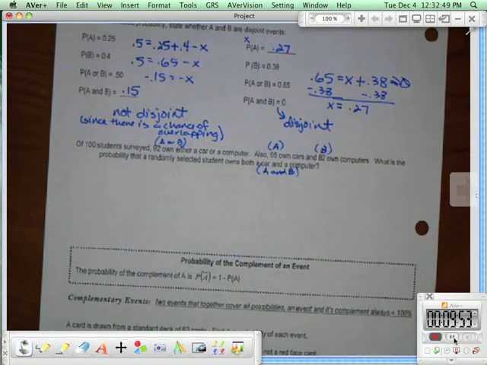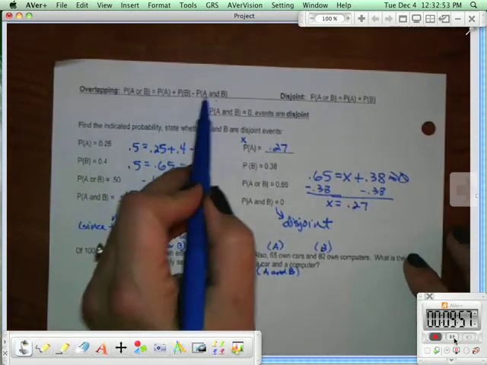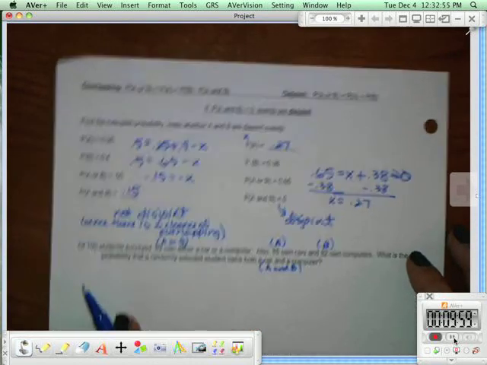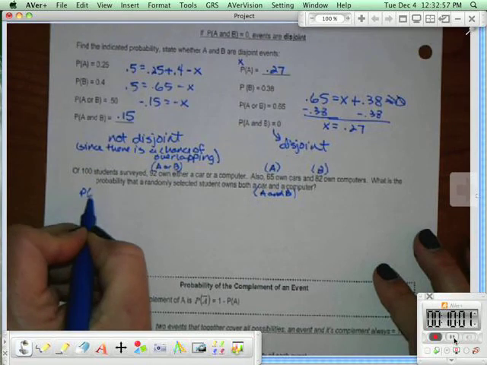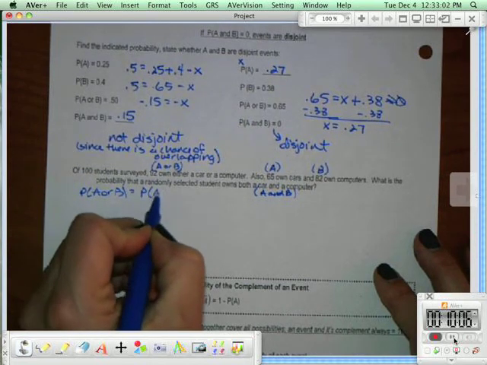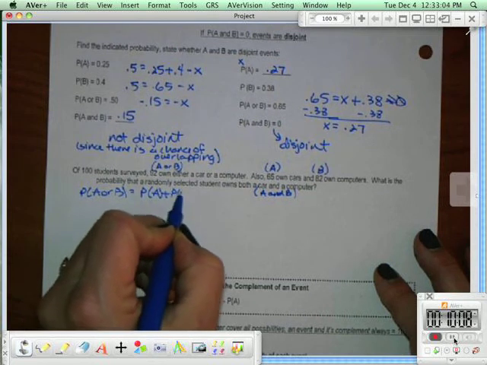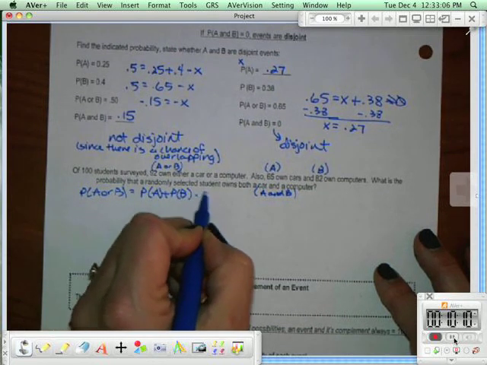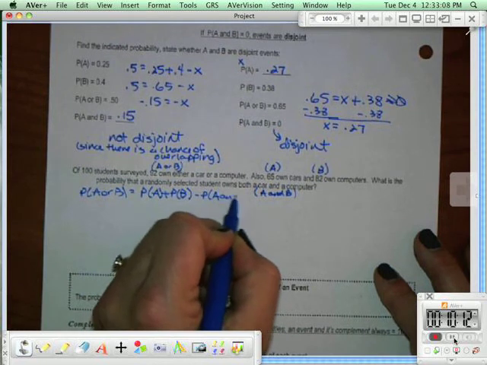All right, so I'm working with this equation because I want to know if there's an A and B here. I'm going to plug in what I have. I'm just going to write that down here. Minus the probability of A and B. So I'm going to plug in what I know.